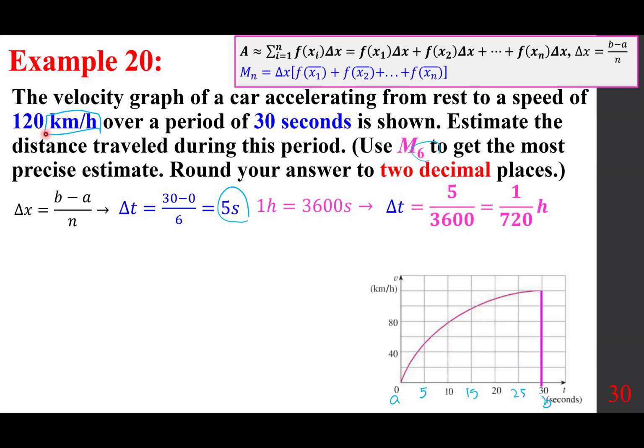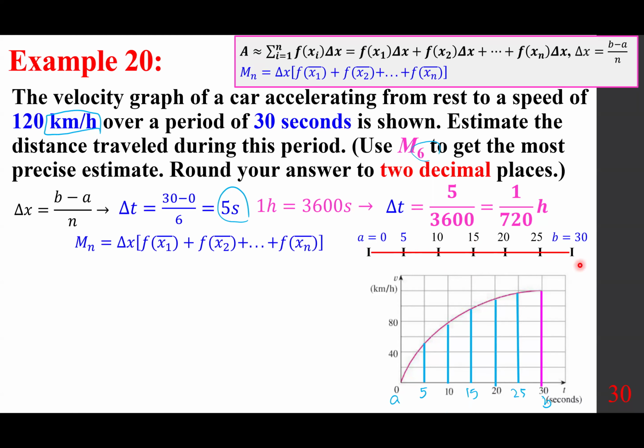All right, so having said that, this interval of 0 to 30, we cut it into 6 equal parts. 0 to 30, that's 5, 10, 15, 20, 25, 30. We cut it into 6 equal parts, and we want the midpoint. Midpoint has this formula. I'm not going to worry about the formula so much. Delta x times f of x1 bar, f of x2 bar, add them up all the way to the end.